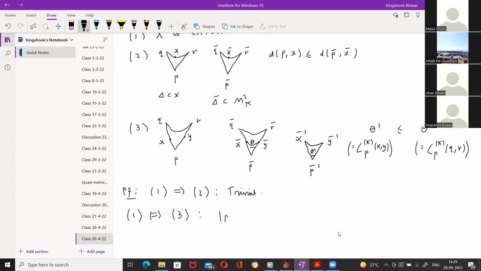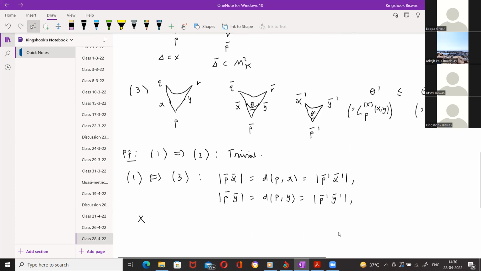So mod P bar X bar is equal to distance Px, which is equal to mod P bar prime X bar prime, and mod P bar Y bar is equal to distance Py, which is equal to mod P bar prime Y bar prime. Okay, right?